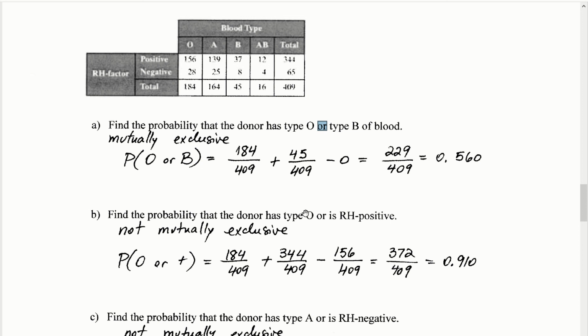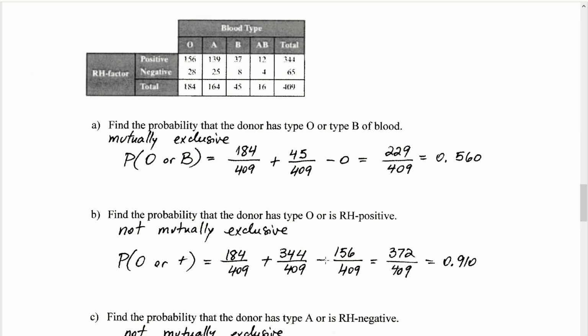In part B, when we want the probability of O or Rh positive, so again, keyword OR, the probability of O is 184 out of 409 plus the probability of positive Rh factor. That's going to be 344 out of 409.